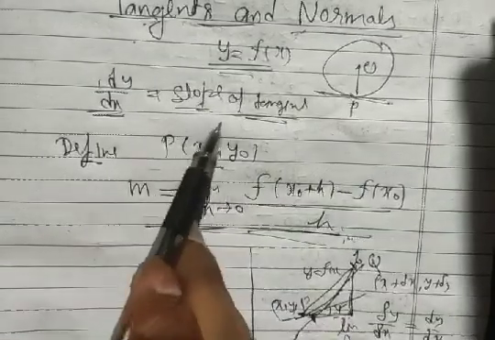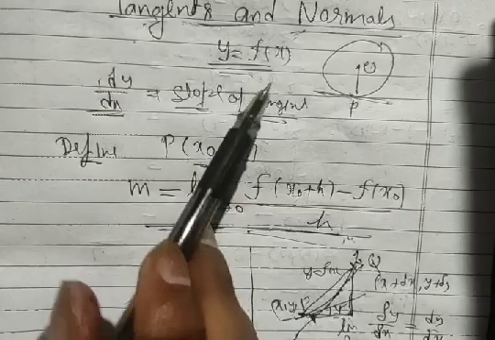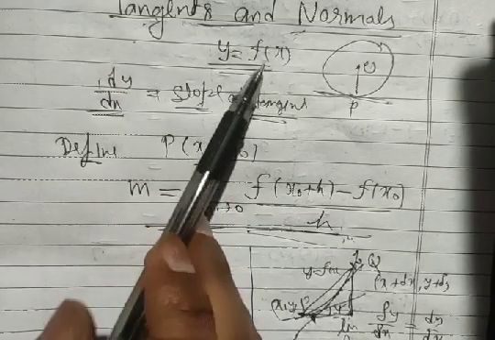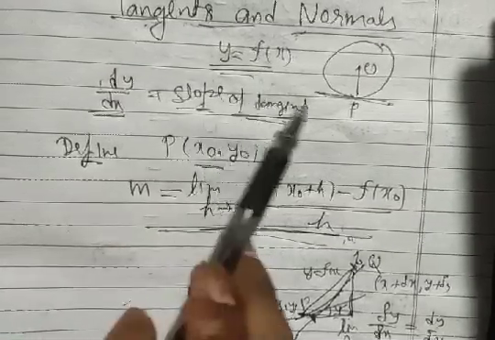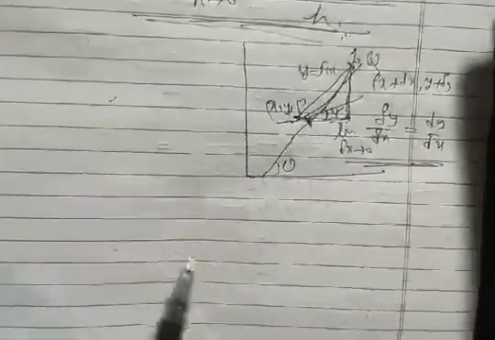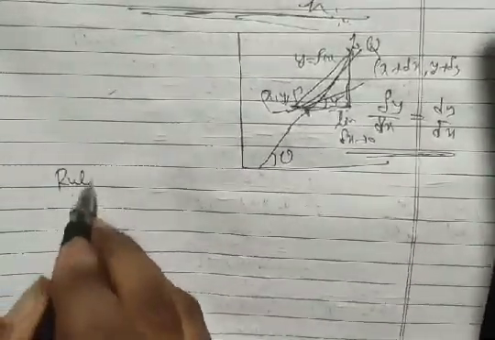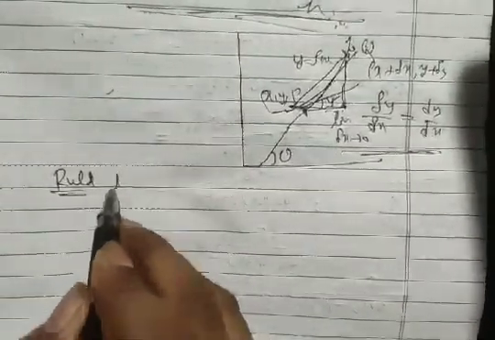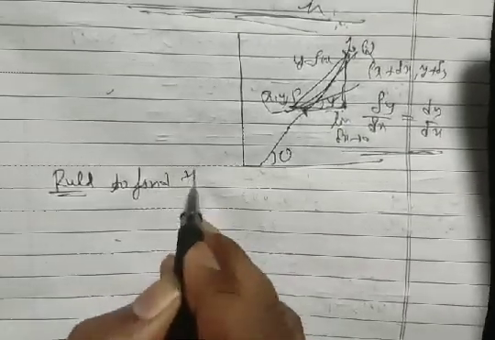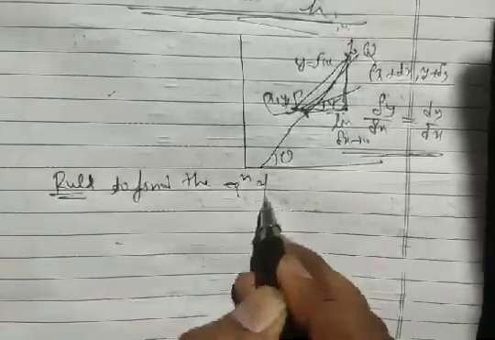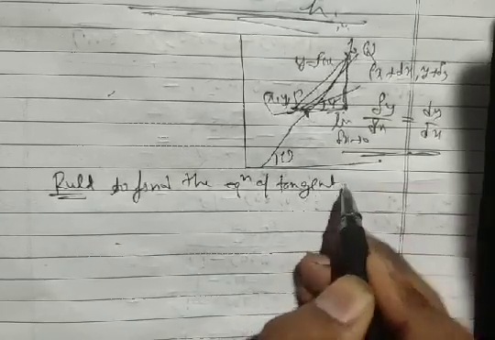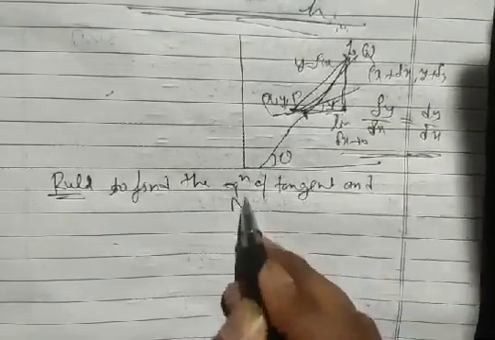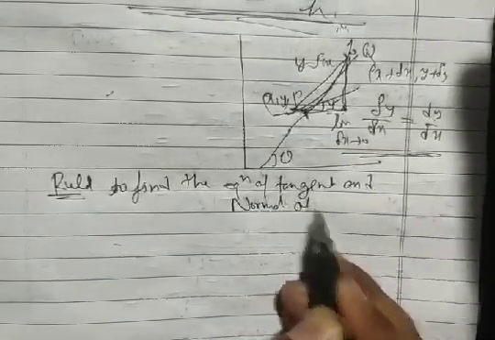In this chapter, we have problems to find the equation of tangent and normal at a given point, and we need rules to find the equation of tangent and normal at a given point.